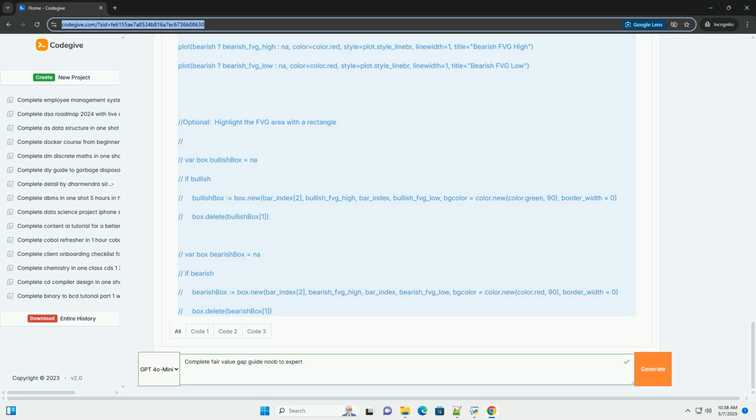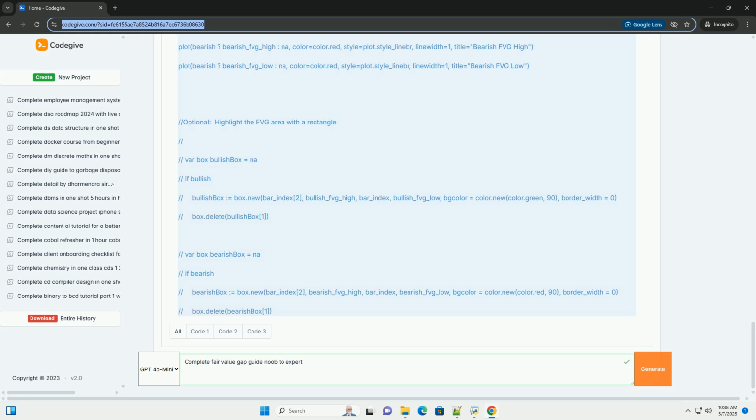They compare the low of the second previous candle, low[2], to the high of the current candle, high, for the bullish FVG, and vice versa for the bearish FVG. 4. bullish = bullishFVG and bearish = bearishFVG: these lines call the functions and store the results in Boolean variables. 5. plotshape plots the shapes above and below the candles that indicate a bullish or bearish FVG. 6. plot plots the lines that indicate the exact high and low levels of the FVG.